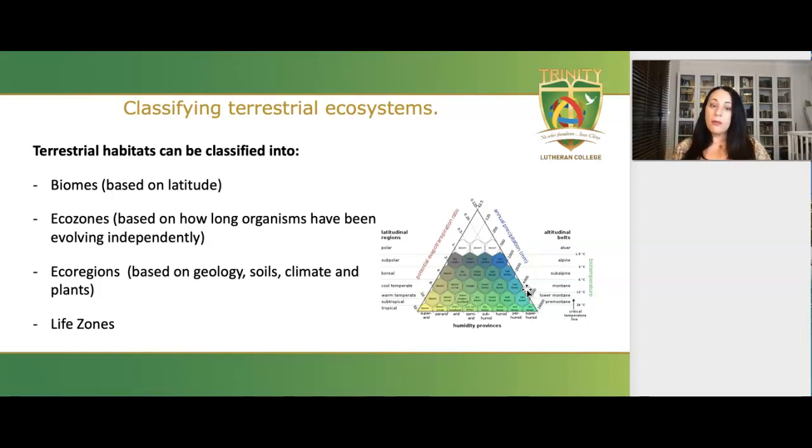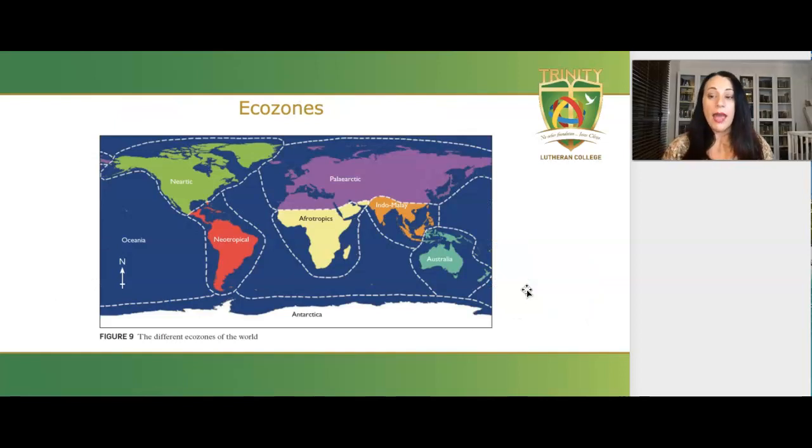Those ecozones then get broken down into ecoregions based on geology, soil, climate, and the major plants that grow there. And of course, we've done Holdridge's life zones, which is another way of classifying them based on a whole bunch of those things.